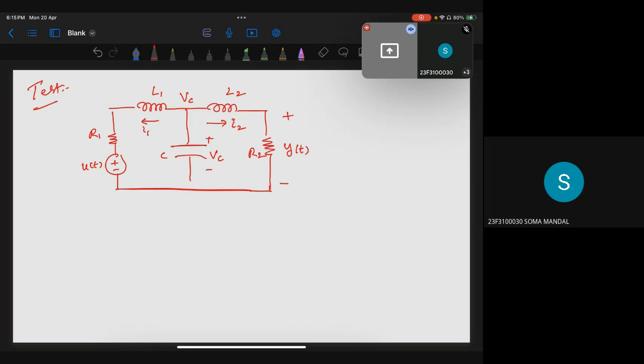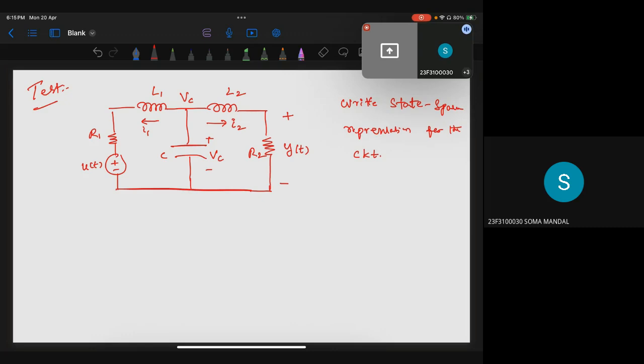The question is: write the state space representation for the circuit.